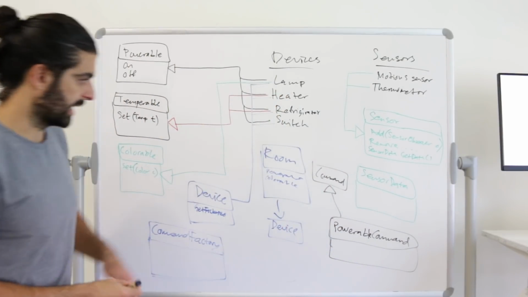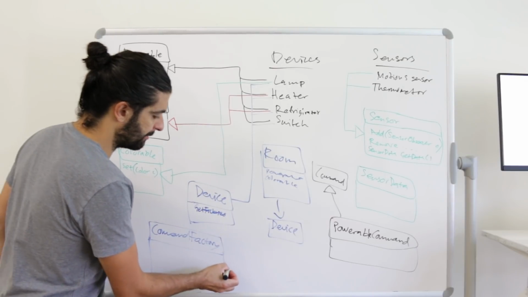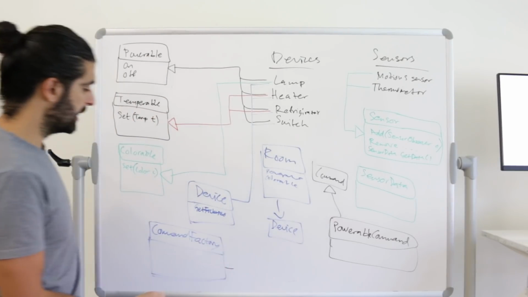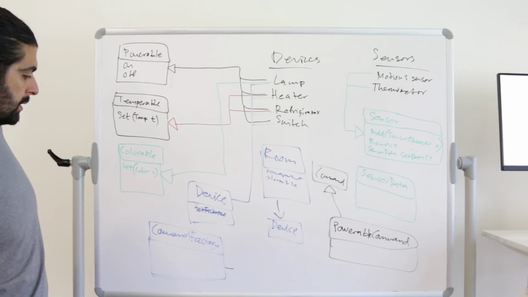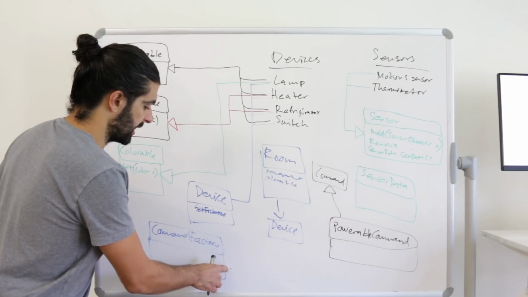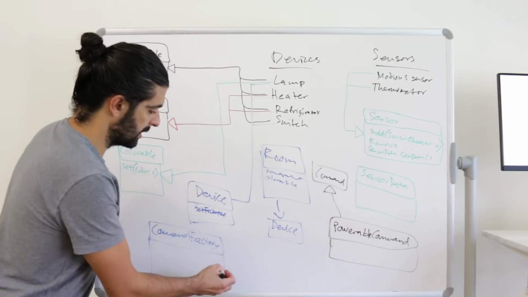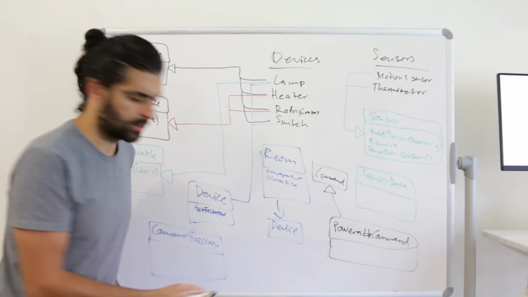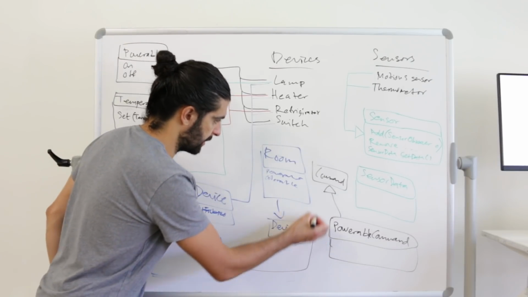Right? And a command factory needs to. Yeah, we shouldn't maybe put it like that. Sorry, now I get confused about UML. I'm not sure whether there should be an arrow here, but think about it.